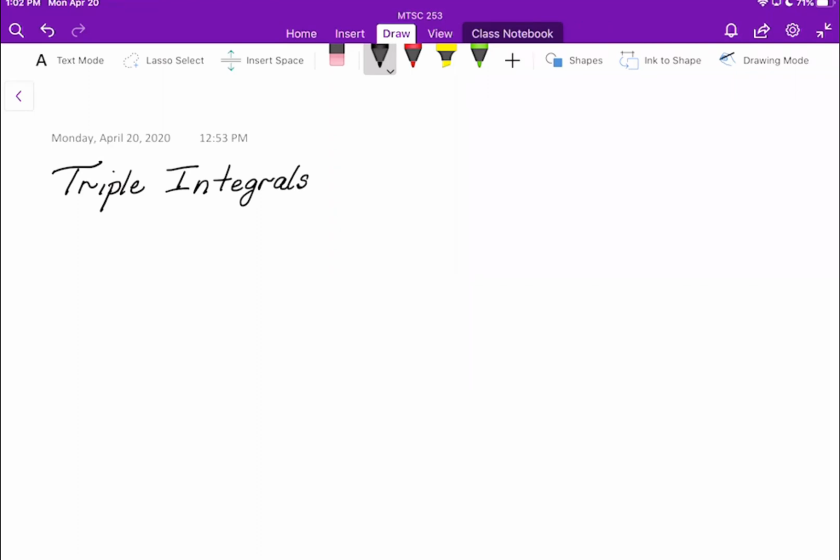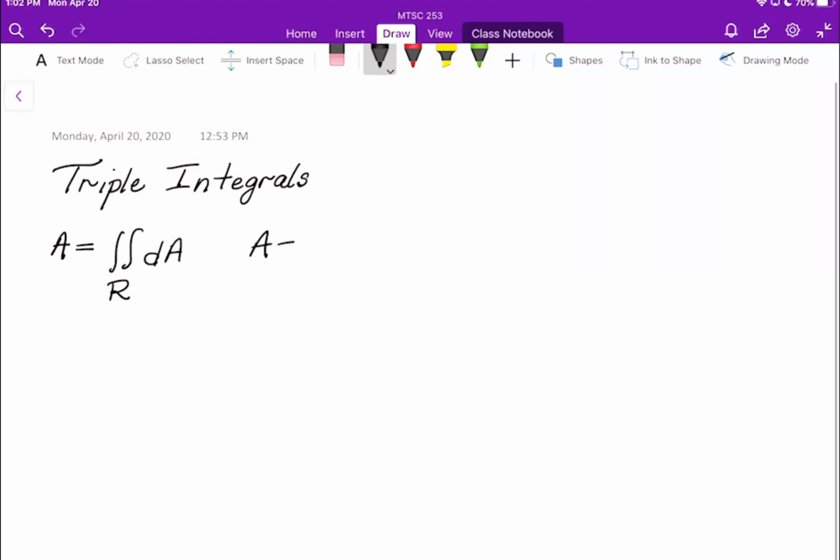Let's think about this. We had the area was the double integral over a region, dA. So that gave us area as a double integral. And then we could write that as A is equal to the double integral over our region.